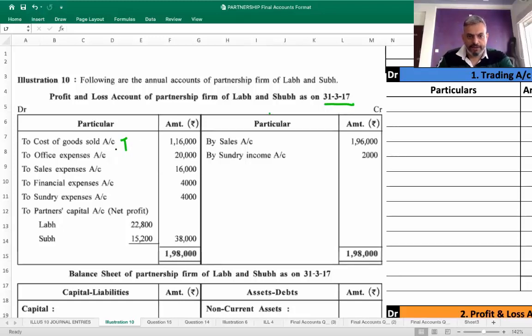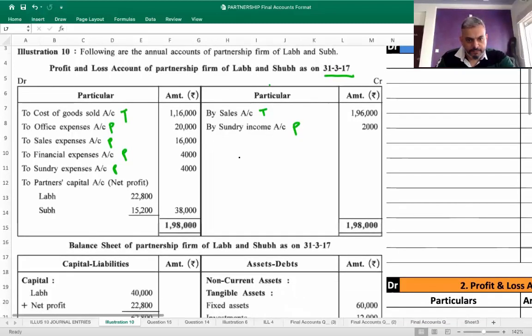Okay, office expense, profit and loss; sales expense, profit and loss; financial expense, profit and loss; sundry expense, profit and loss; net profit. अभी इसका कुछ नहीं करना है, but important point है इधर. I'll come to it. Sales, trading; sundry income, profit and loss.